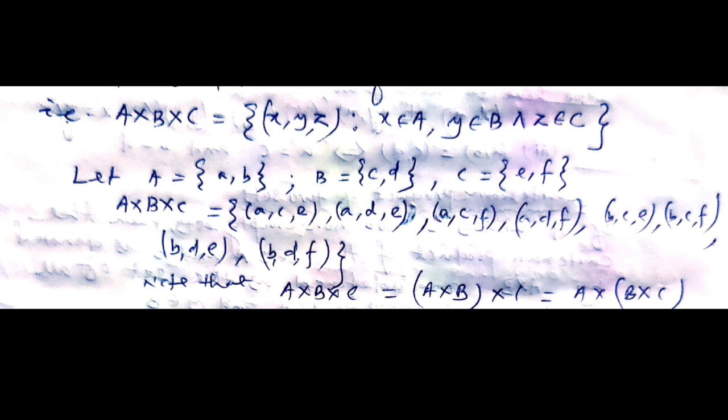Let A be the set having element a, B be the set having elements c and d, and C be the set having elements e and f. Then A cross B cross C is the set having the triplets ace, ade, acf, adf, bce, bcf, bde, bdf.